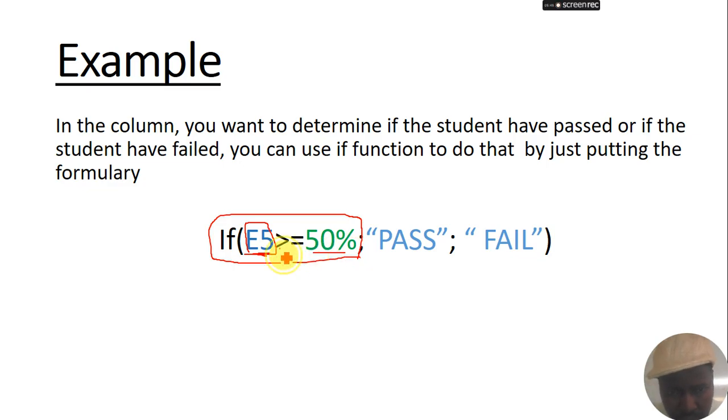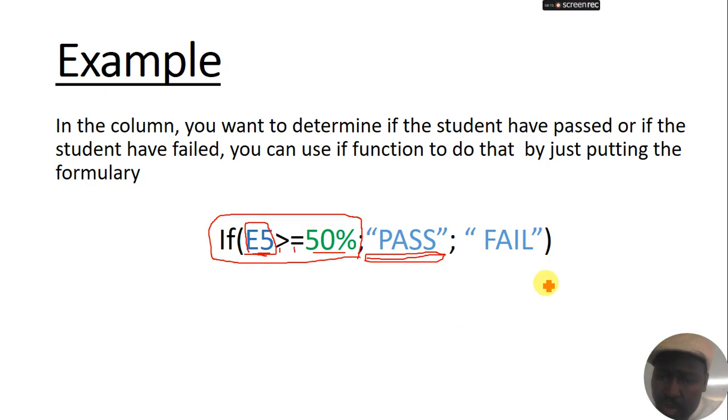So this is greater, this is equals to. If E5 is greater or equals to 50, the answer should be the first statement, which is the answer that we want if the value is true. So if E5 is 50, the answer should be pass.